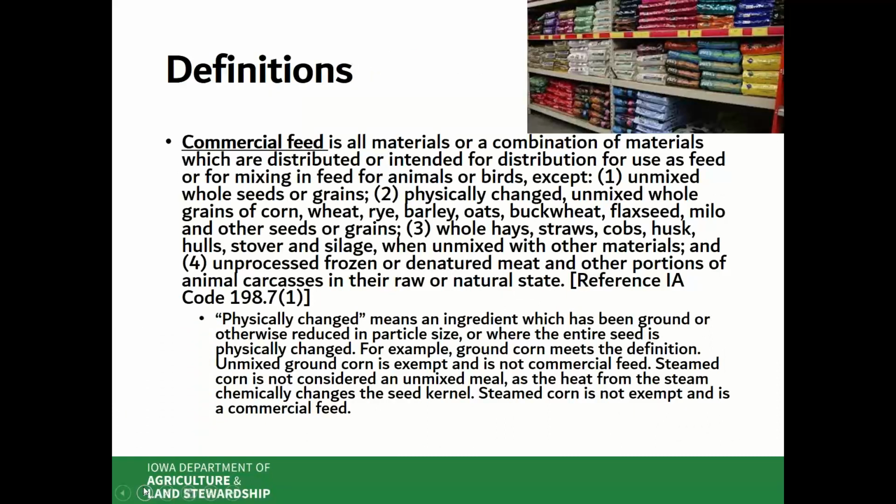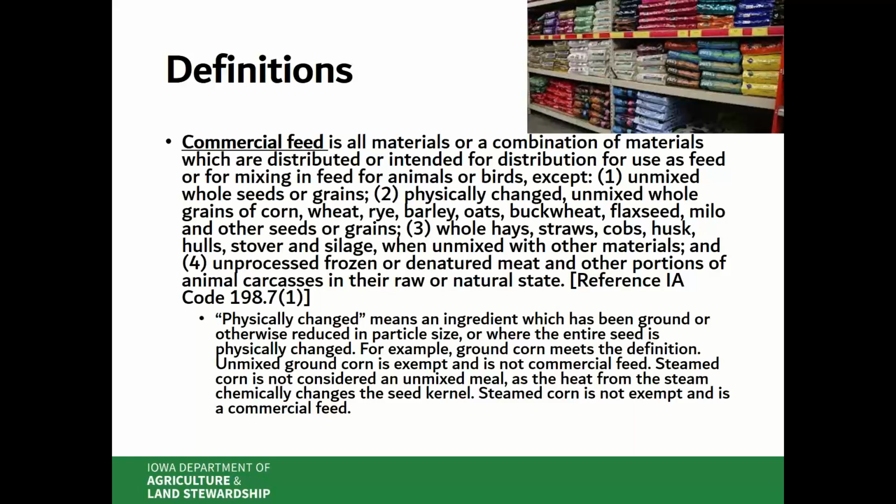The commercial feed is defined in our regulations as all materials or combinations of materials which are distributed or intended for distribution for use as animal feed or for mixing in feed for animals or birds, with the exception of unmixed whole seeds or grains, physically changed unmixed whole seeds or grains, and whole hays and other materials, and unprocessed, frozen, or denatured meat and other portions of the animal carcass in a raw or natural state.